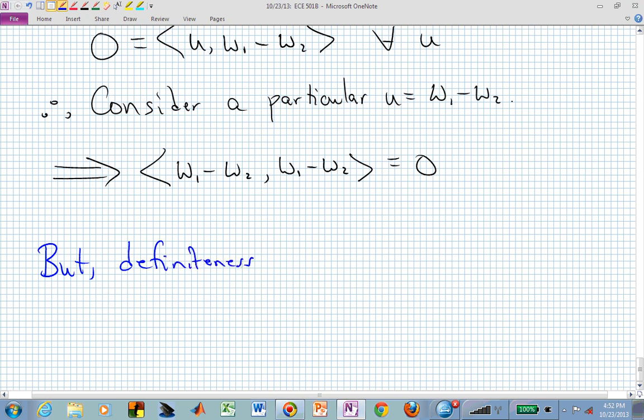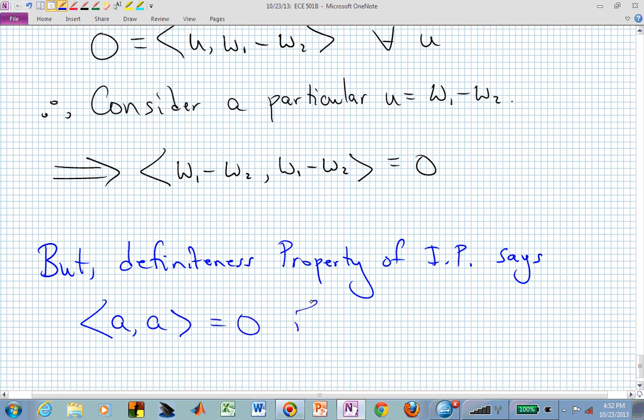But the definiteness property of the inner product says that if I have A inner product with itself equal to 0, that's true if and only if A is equal to 0.